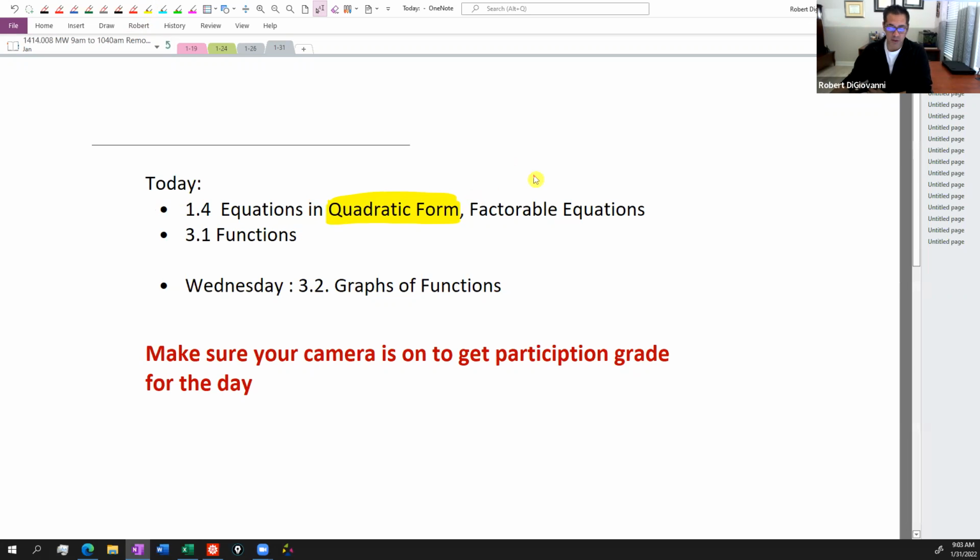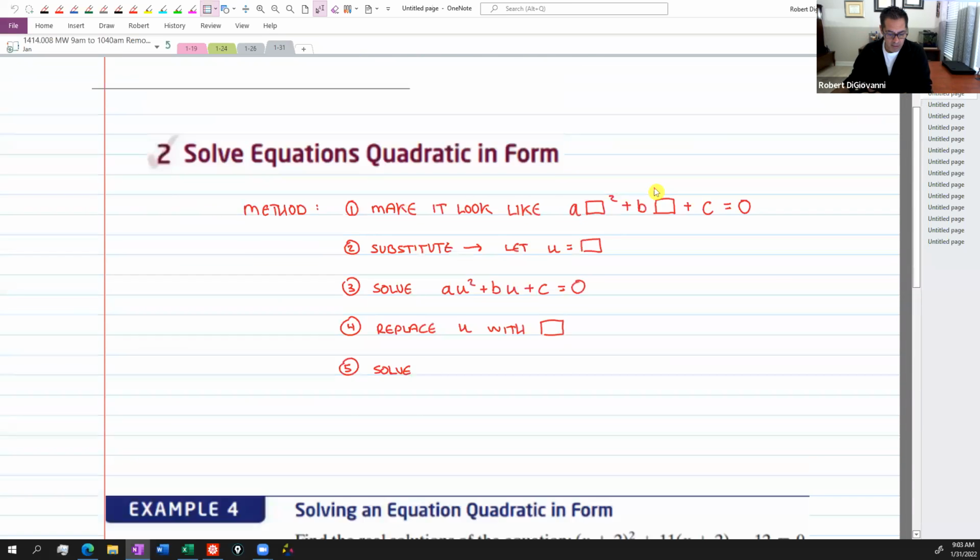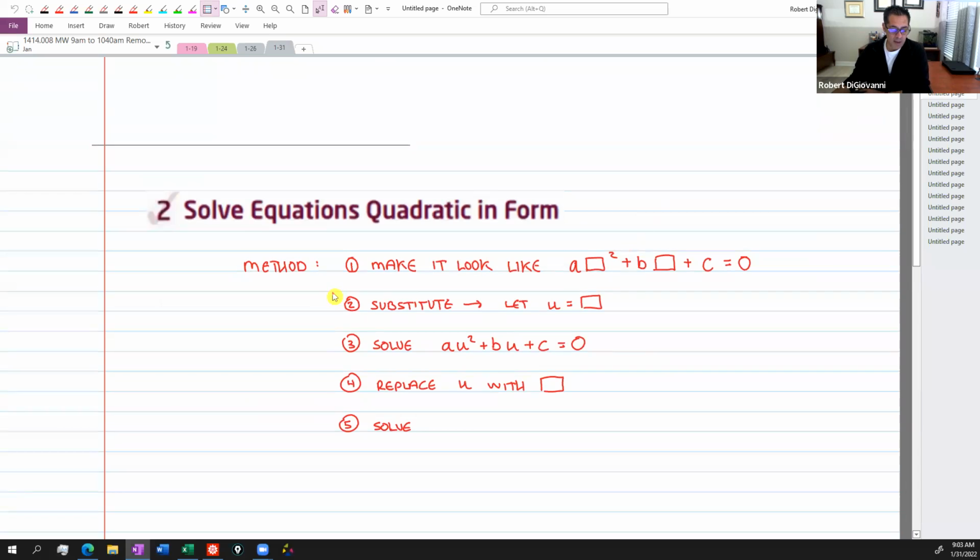So let's take a look at our first equation that is of quadratic form. And I have a set of steps here. So the method here, first you're going to take a look at the equation and you're going to make it look like this. What I'm saying here is that we want to have some number A times some stuff, I'm just calling it a green box, and that green box needs to be squared, plus some number B times the green box, whatever it is, and then plus some number C equals 0.